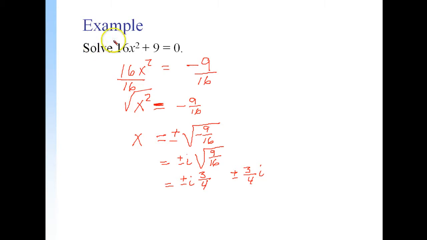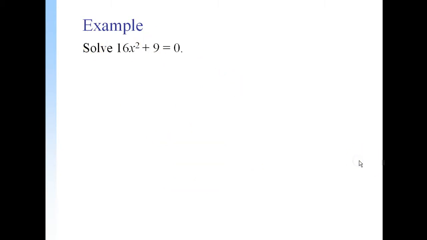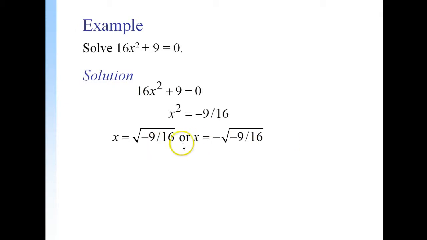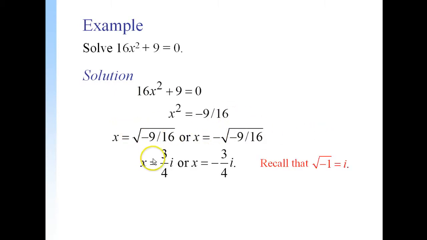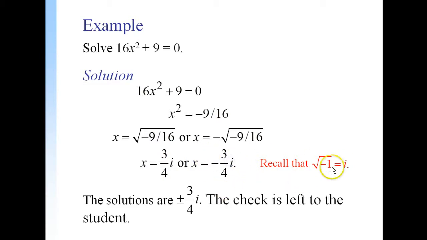So there's the sequence of this, and they'll show it to us as well. So we transpose, and they're already isolating it. And again, I don't like the way they're writing this. They're taking the square root of both sides. This one's positive, this one's negative, and they're getting our answers, keeping in mind that i is the square root of negative 1.